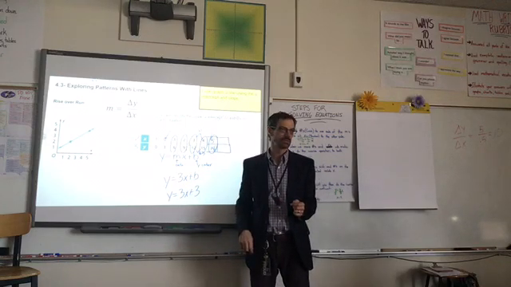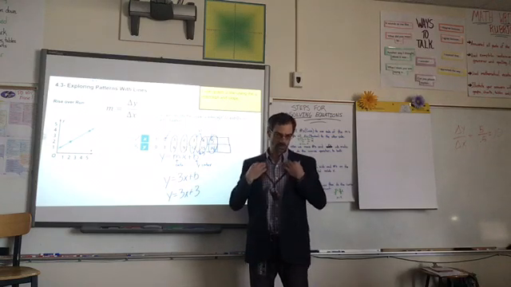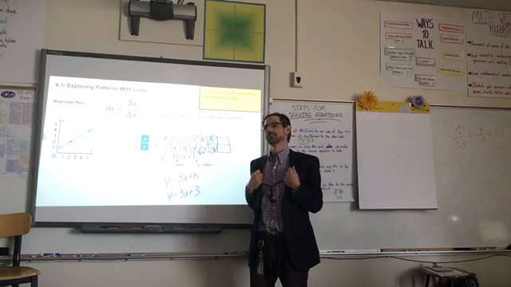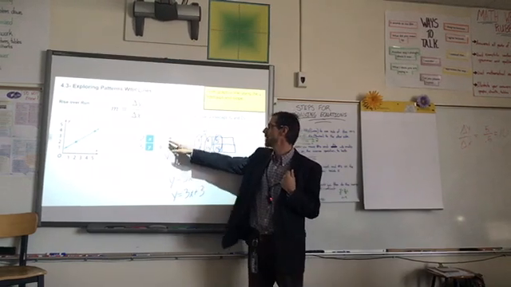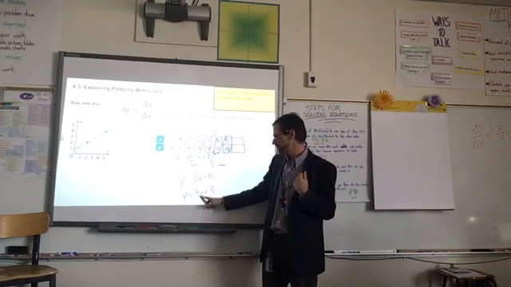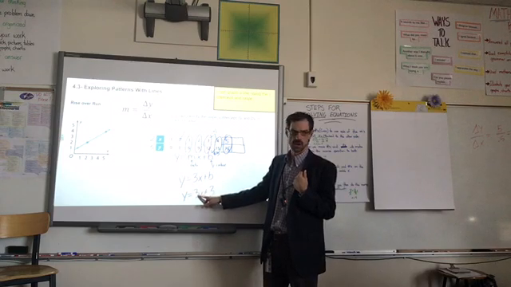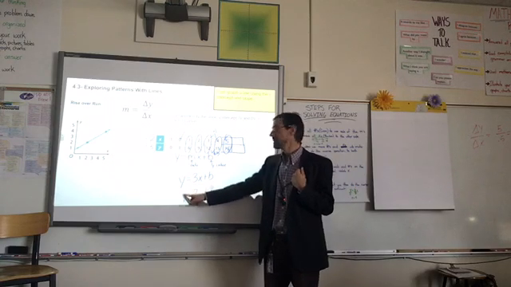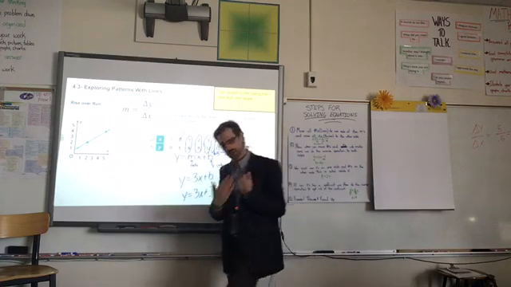Questions? Yes? I'm just wondering, why isn't the y-intercept 0? Because the graph starts with 0. If I put 0 in for x, what's 0 times 3? 0. Plus 3? 3. Does that answer your question?